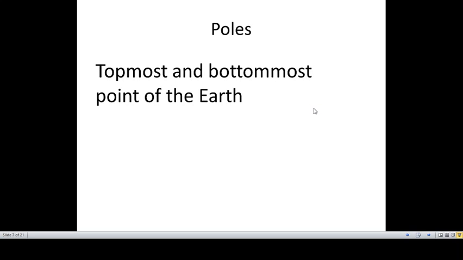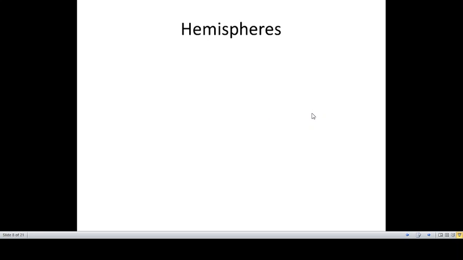When you say North Pole, it is the farthest point above the equator, while the South Pole is the farthest point below the equator. Okay, don't forget the keyword, class. If you see the farthest point above the equator, it is the North Pole, while the South Pole is below the equator.